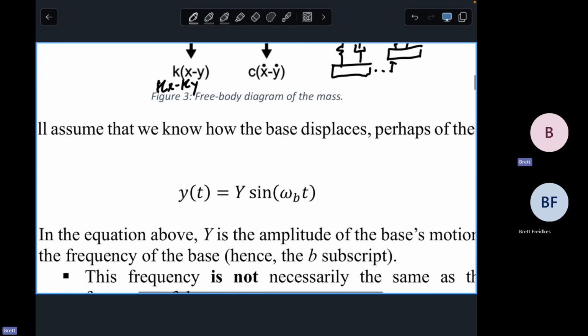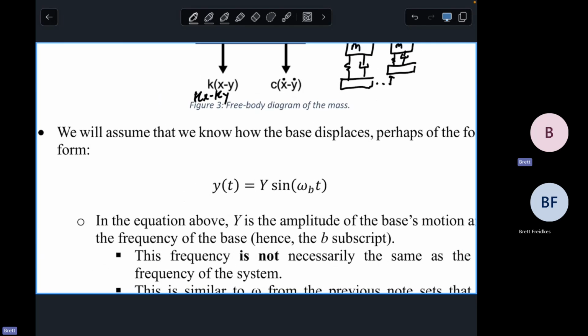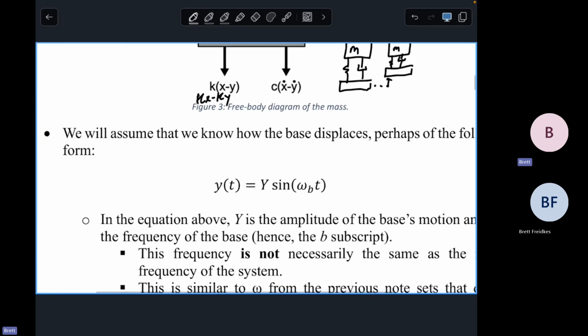So we say that the base moves at some y sine of omega t, where that omega is the driving frequency of the base. And so we'll do something very similar to the past. We'll either take derivatives of this and substitute it in, or do the complex response method where we say that this is y times the imaginary part of e to the j omega t.